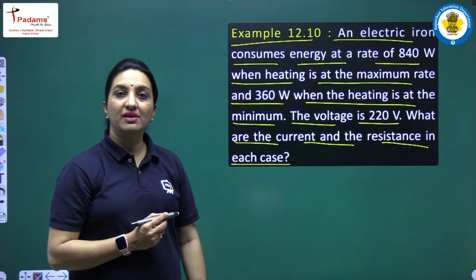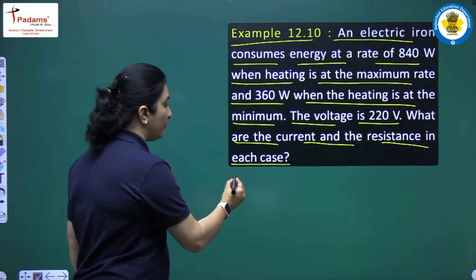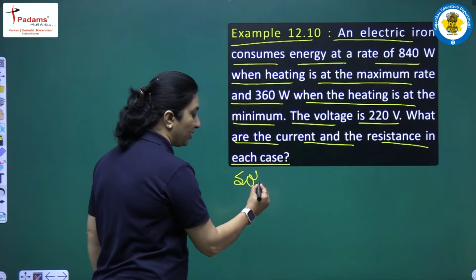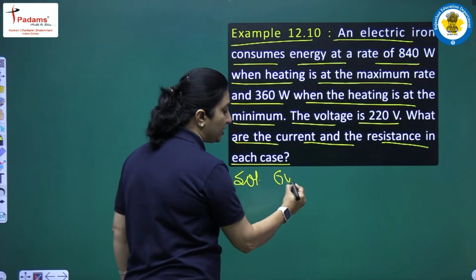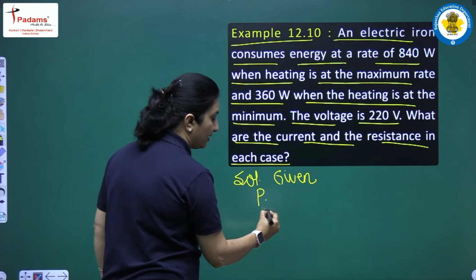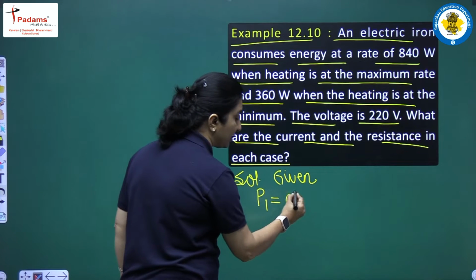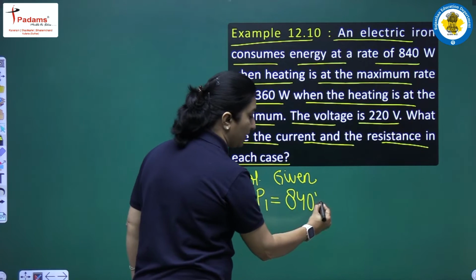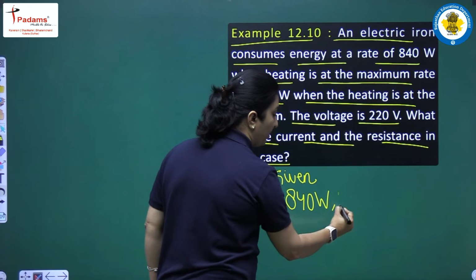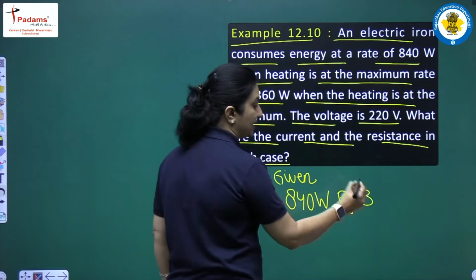So to begin with the solution, first we will write the quantities which are given. Here we are given that the power consumed in the first case is 840 watts. Then the power consumed in the second case is given as 360 watts.